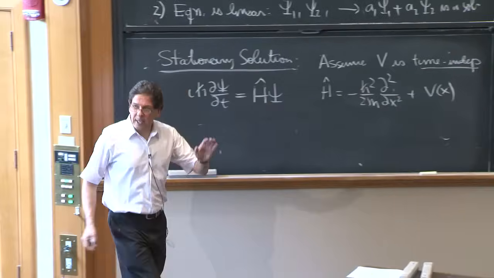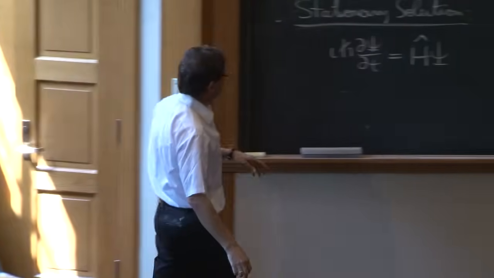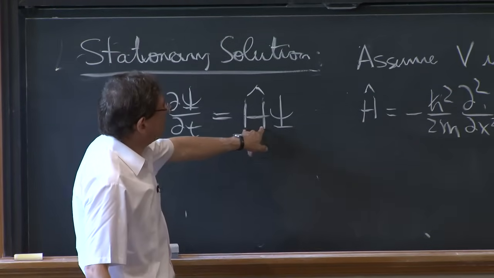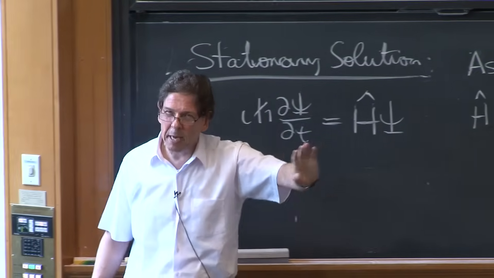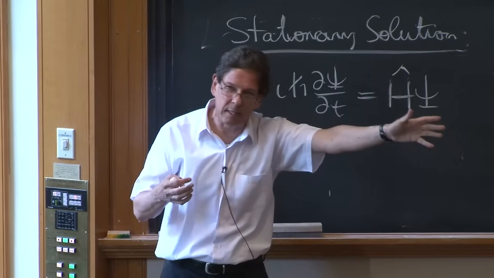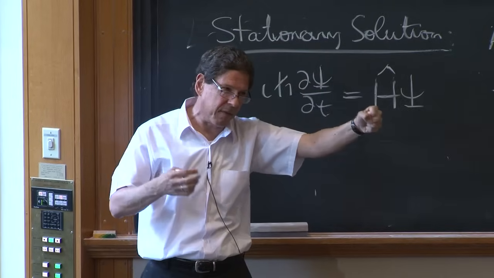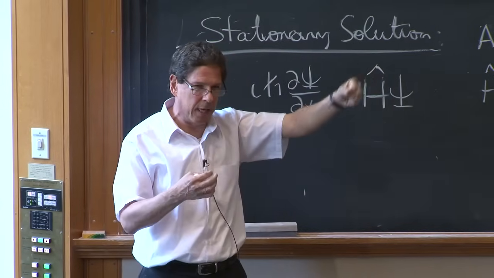We say that H hat is an operator acting on the wave function psi on the right. What does that mean? Basically, when we say an operator acts on some space, we mean that it takes elements of that space and moves them around in the space.